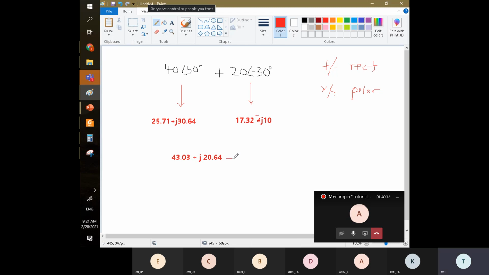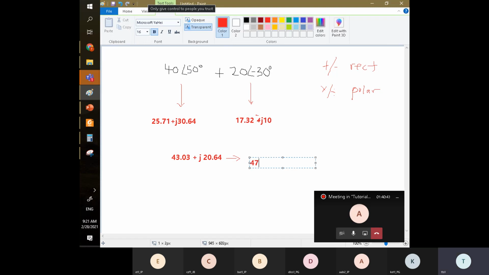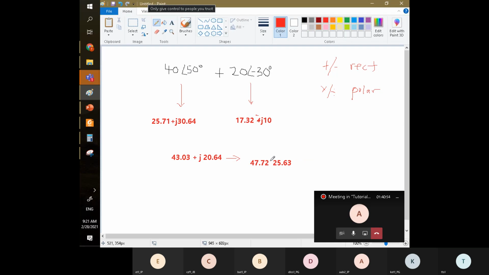Now we convert this back to polar form, because the question was given in polar form. It is 47.72 at an angle of 25.63 degrees. Because it was given in polar form, the answer is better in polar form.